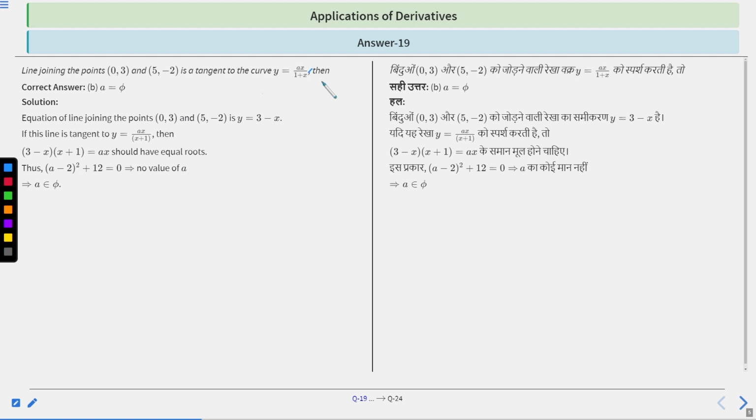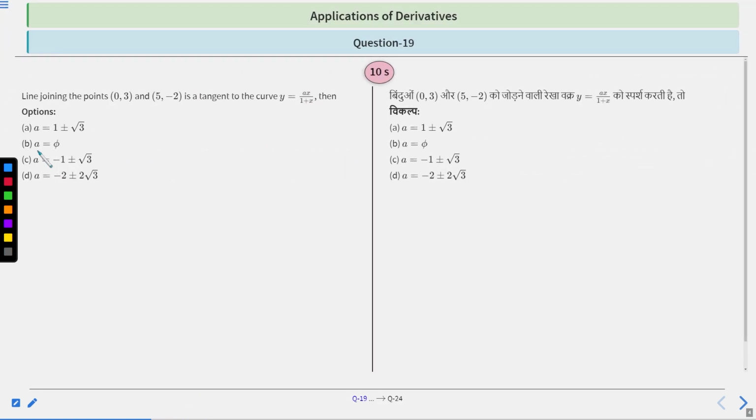And we can apply this method also, where we will use quadratic equation and discriminant of which will be equal to 0. Since the line is tangent to the curve, that means the line is cutting the curve at single point, that is there should be equal roots, that is one root and repeated roots. Okay, so a belongs to 5 is the right answer. Option B is the right choice, a equal to 5.